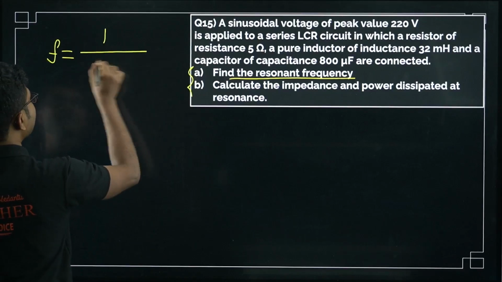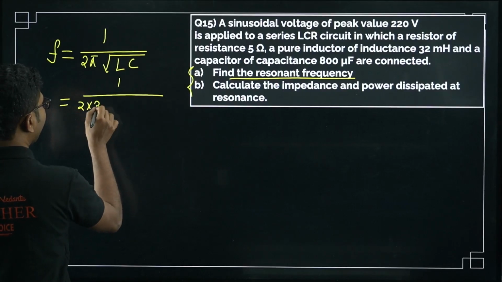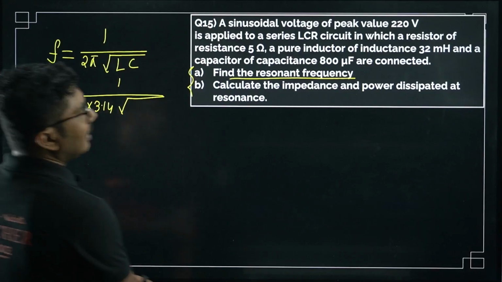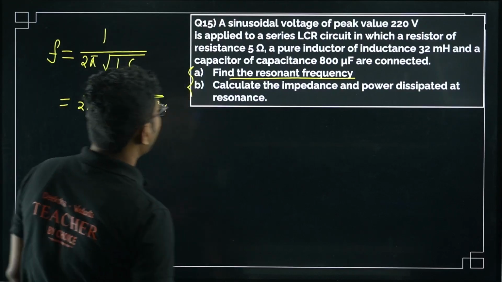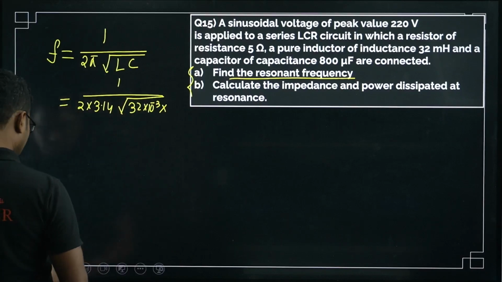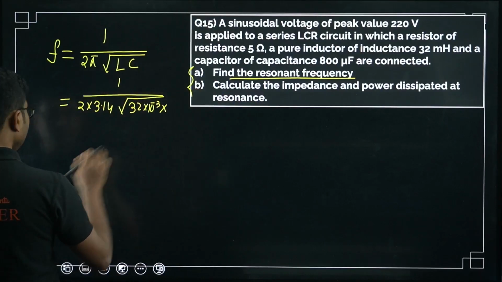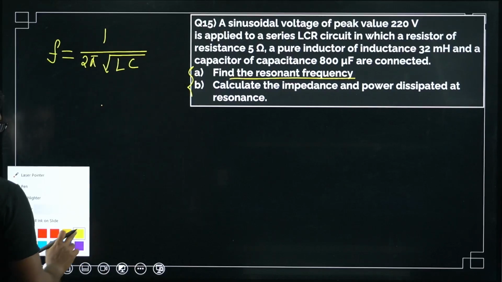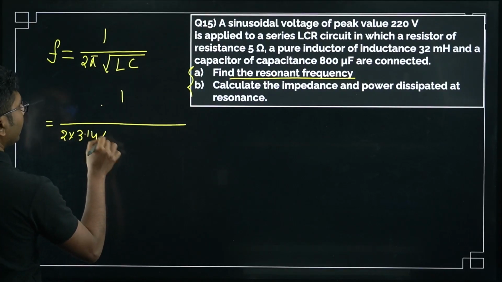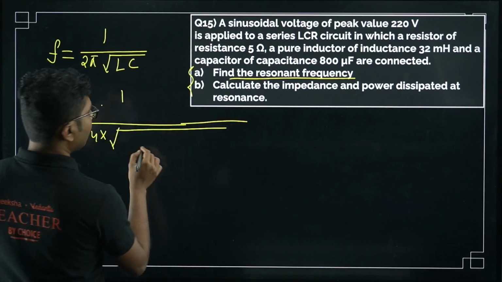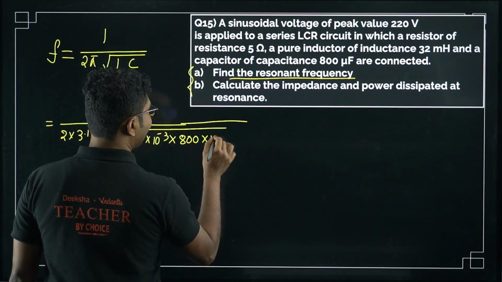So resonant frequency is 1 by 2 pi square root of L into C. That is 1 by 2 into 3.14 into square root of L, which is 32 millihenry, 32 into 10 to the power of minus 3 H, and capacitance 800 microfarad, 800 into 10 to the power of minus 6.